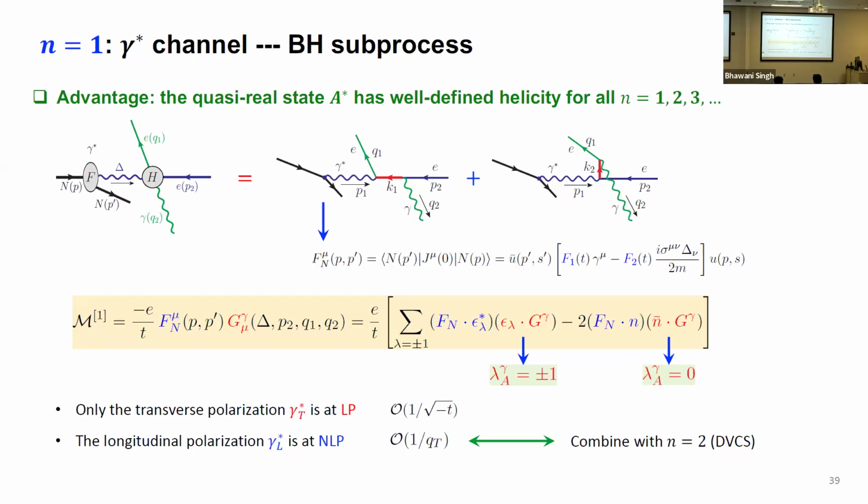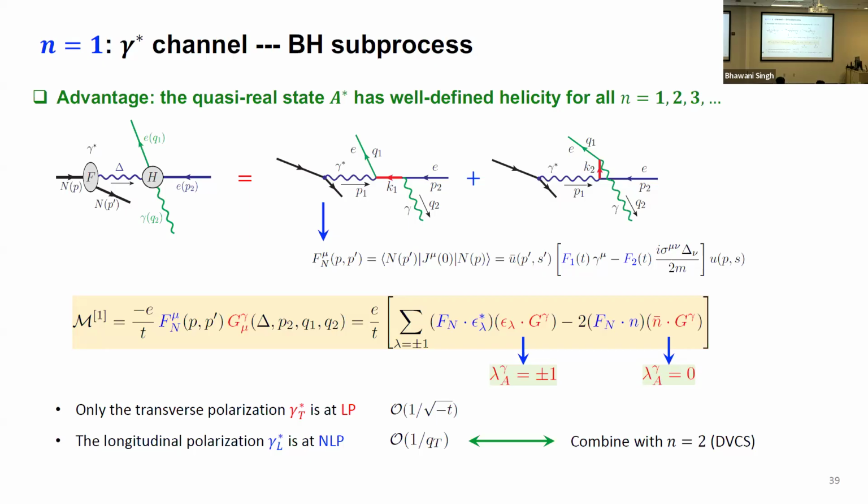One is given by the photon form factor, and the other is given by the hard scattering matrix element. And this photon has three helicity states. We have plus and minus helicities, and we can have a zero helicity state. The first two are called transverse photon amplitudes, and the other one is called the longitudinal photon helicity amplitude.